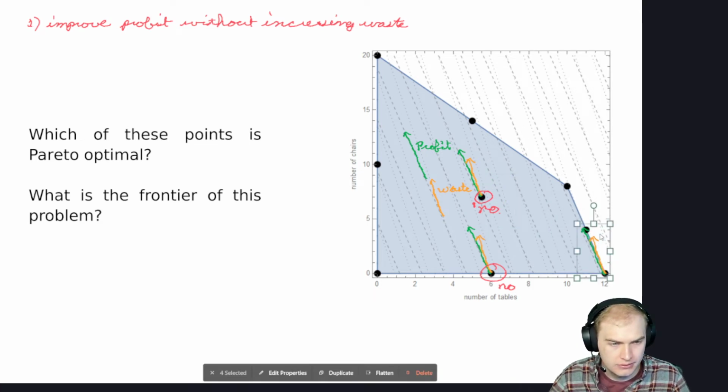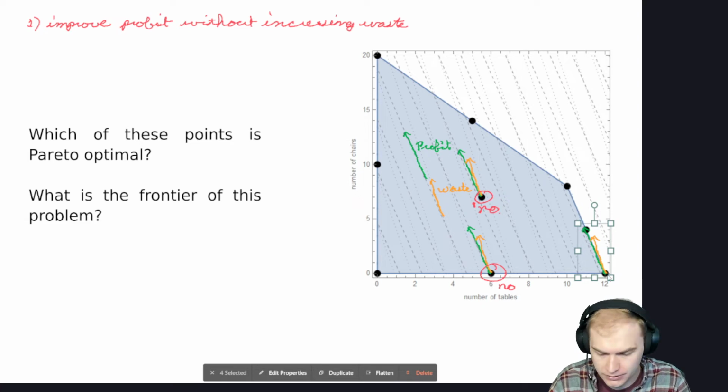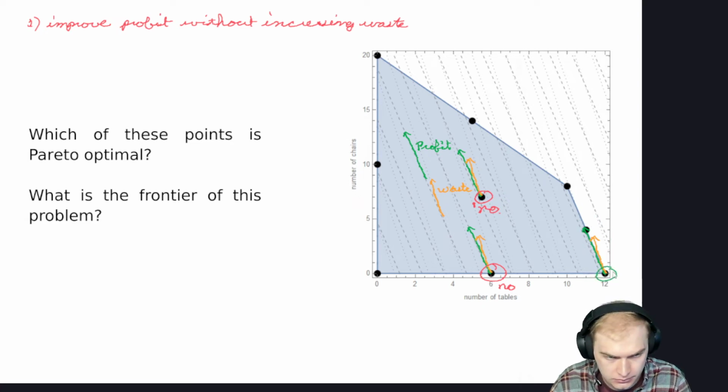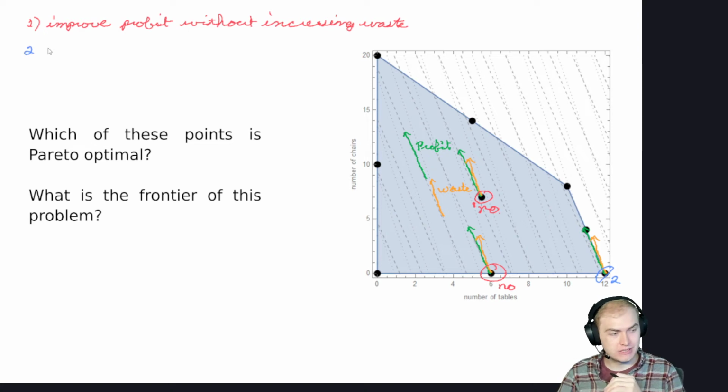What about this point? Well, in this case, we can't follow the waste vector, but we can follow the profit vector. Following the profit vector, we're actually slightly decreasing the waste.